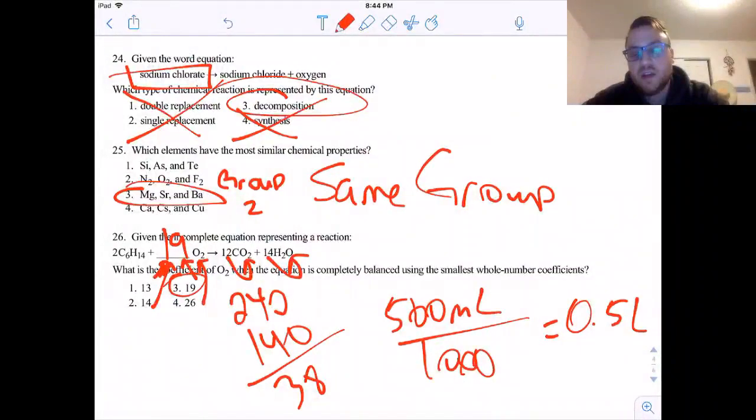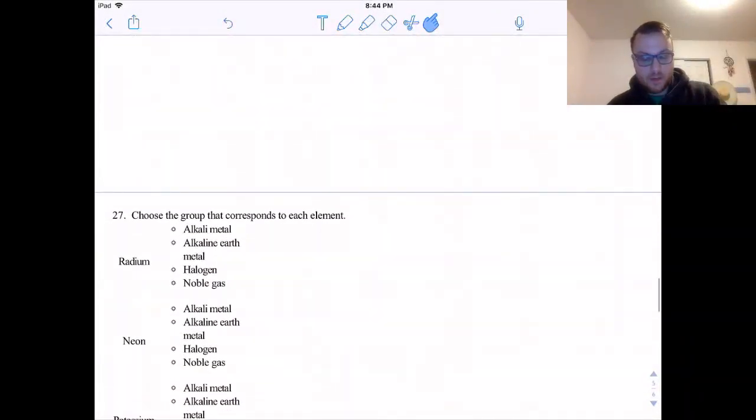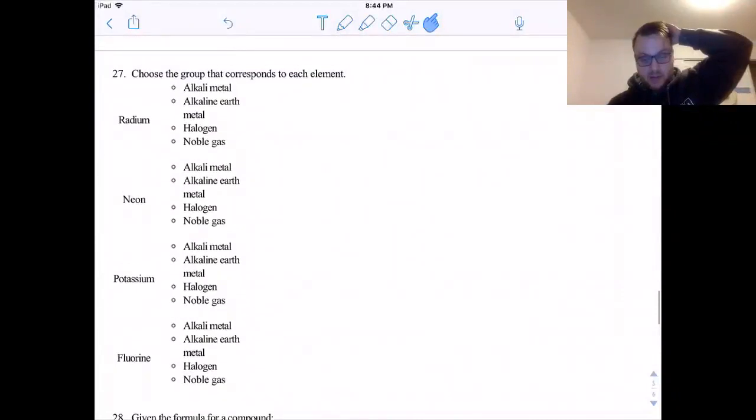I'm not going to overly concern myself with these unless it's a noble gas, but it can't hurt, I guess. Group 1 are your alkali. 2 is alkaline. 17 is halogen.